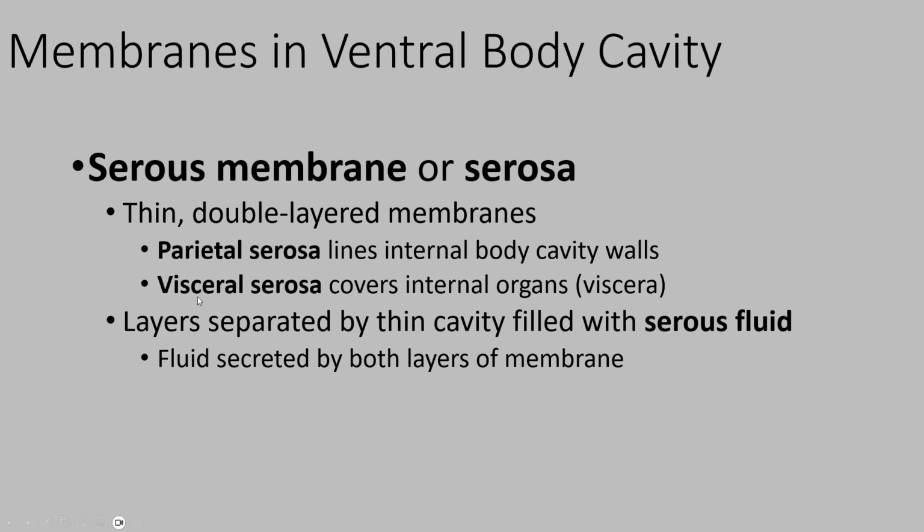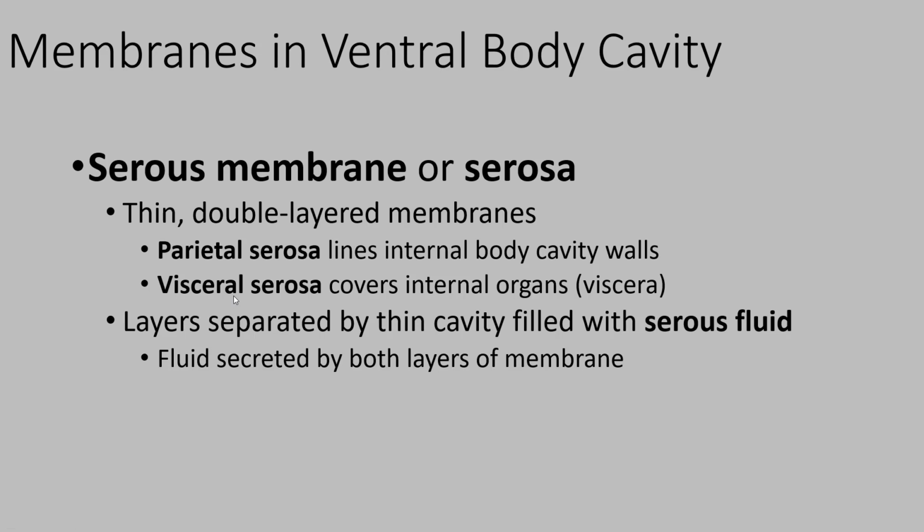The visceral serosa is the layer of the serous membrane that rests directly on the surface of the organ it's surrounding. Go back up here. Pariet is a root word that means wall or side. So this is against the side or against the wall of our body cavity. It's the same membrane, just folded back on itself to make two layers, the outer parietal layer and the inner visceral layer.